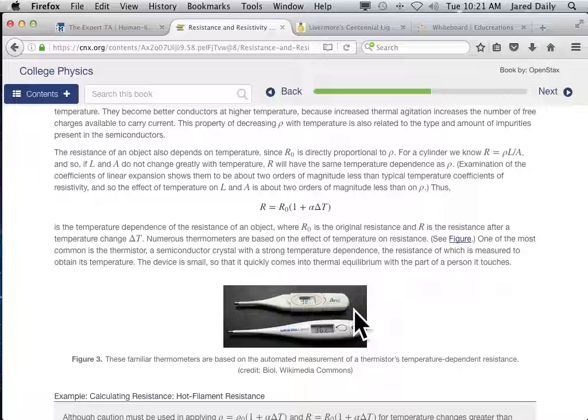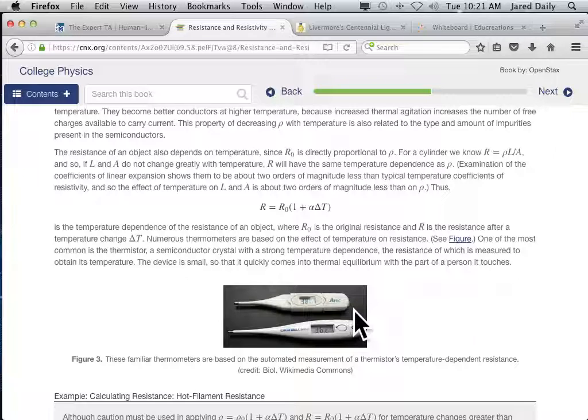And then they put that resistor in your mouth. The resistor is in the tip of the thermometer, or you put it in your ear, whatever they do. And then as the resistor changes temperature to match the temperature of your body, the amount of current flowing through it is going to change. As it warms up, the resistance will increase, and so the current will go down.